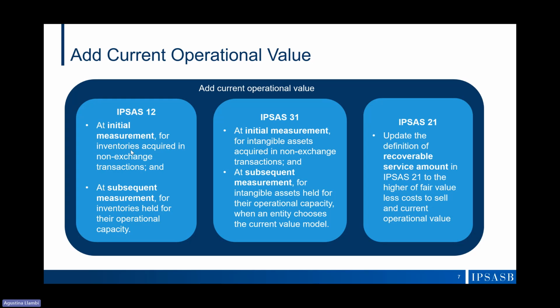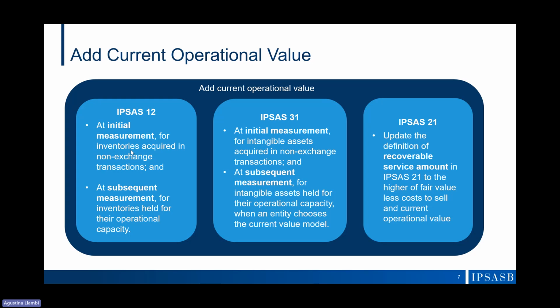And the IPSASB discussed the addition of current operational value at initial measurement for non-exchange transactions. And the logic here is similar to what was done in IPSAS 45, for those of you that are familiar with this new standard that was published last year. At initial measurement of an asset, an entity will need to determine whether it uses that asset, in this case inventories, for operational capacity or for financial capacity.